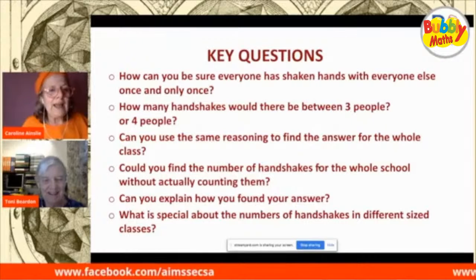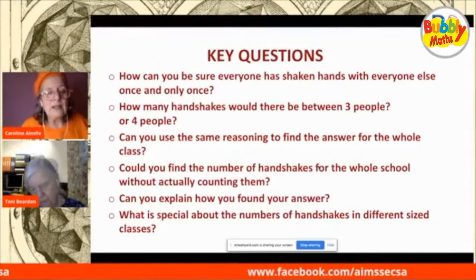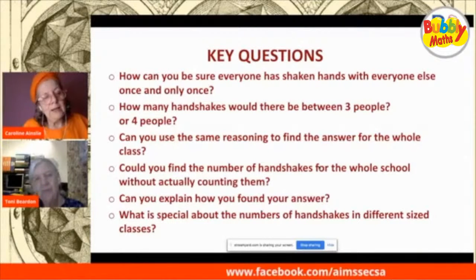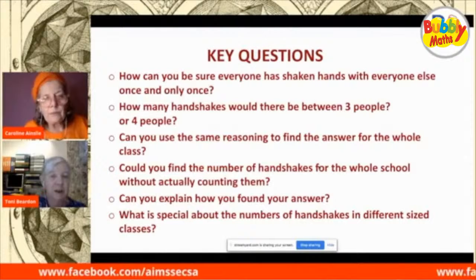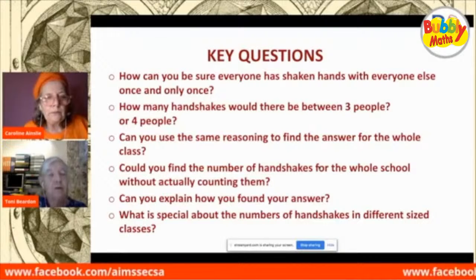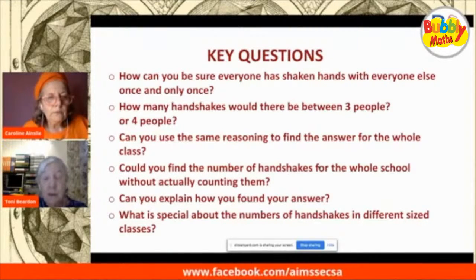That's quite easy. And then how many handshakes for 4 people? And that's quite easy. So you're beginning to get some better understanding of the pattern involved. And so then, the pattern has been revealed by starting with a really, really simple example and then making it ever so slightly more complex each time, and therefore that's helping you understand it.